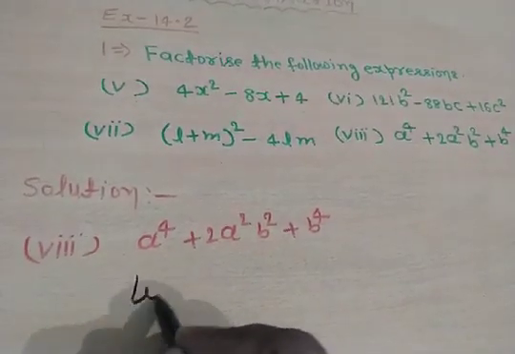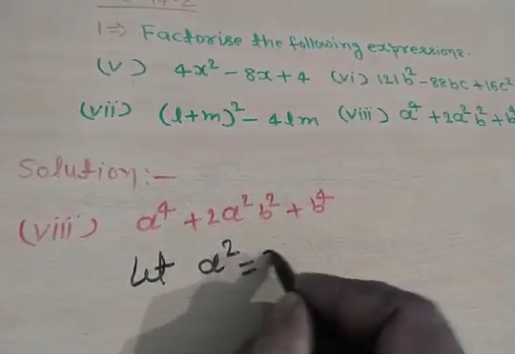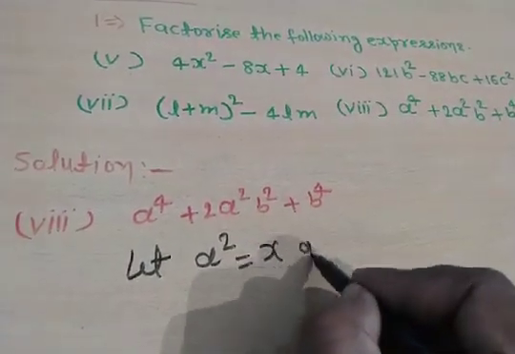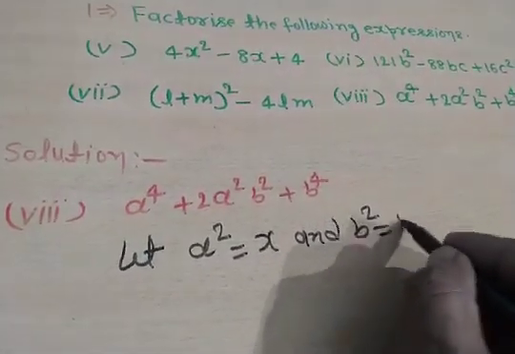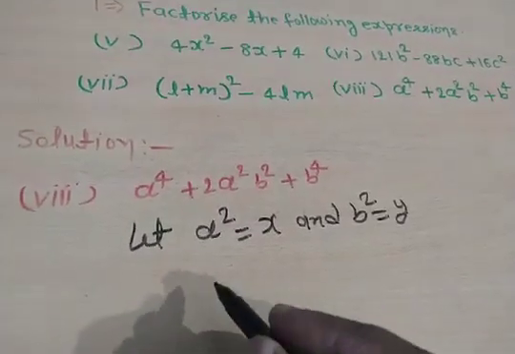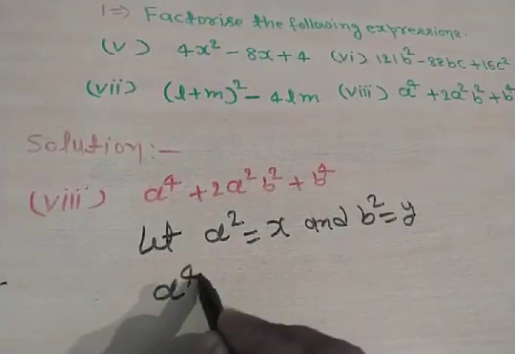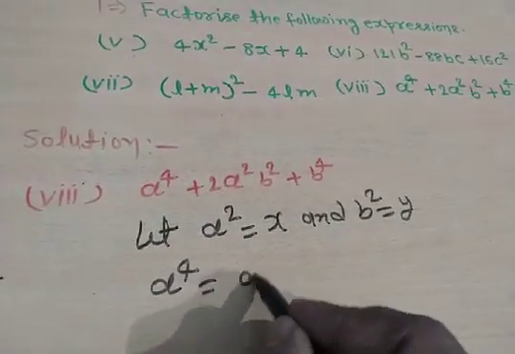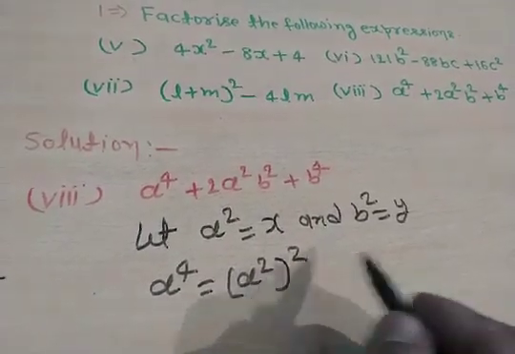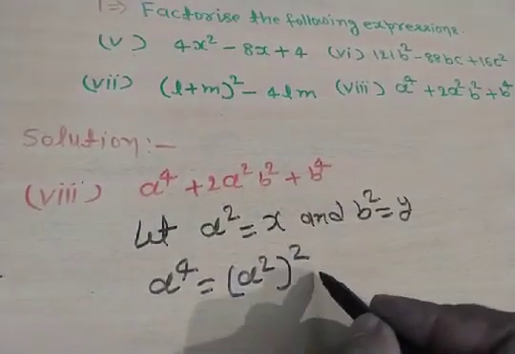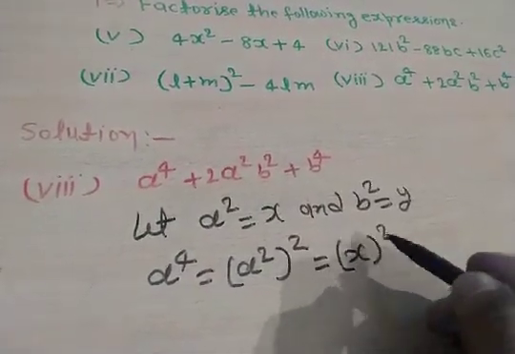Okay, so let A square be equal to x and B square be equal to y. Clear? Now A power 4 you can write as A square of whole square, but we let A square be x, so we obtain x square.